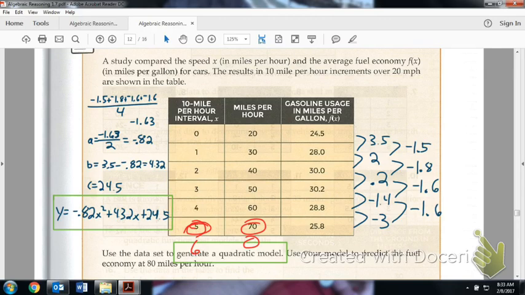Negative 0.82 times 6 squared plus 4.32 times 6 plus 24.5 equals 29.9. So f of 6, if I plug 6 in for x, we're going to get an answer of 29.9. So I will predict you'll get 29.9 miles to the gallon.